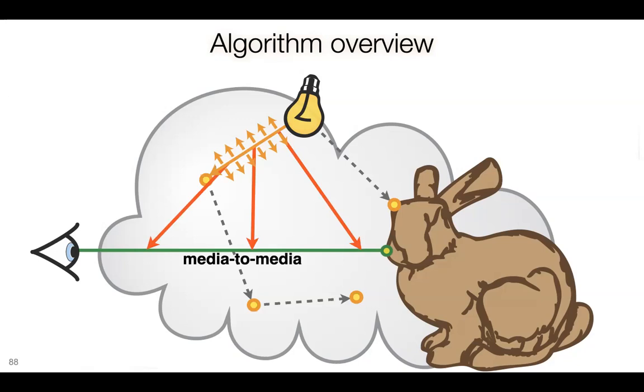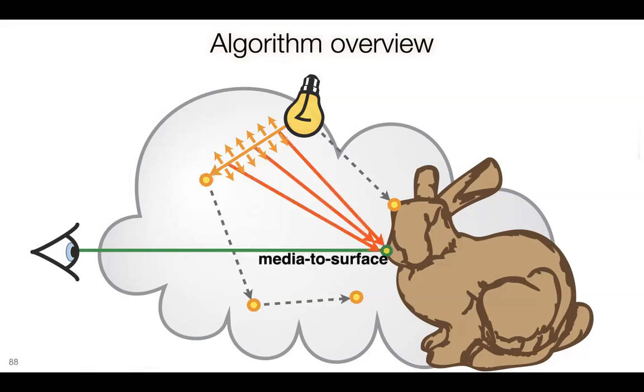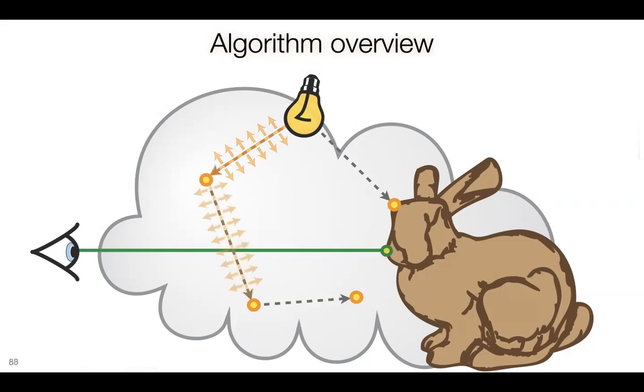If you do it from within the medium to medium, this is termed media to media computation. You can also do the same computation at a particular surface, which might be inside the volume, and that's termed media to surface computation. And you can continue this random walk and keep computing your contributions from media to media or media to surface.